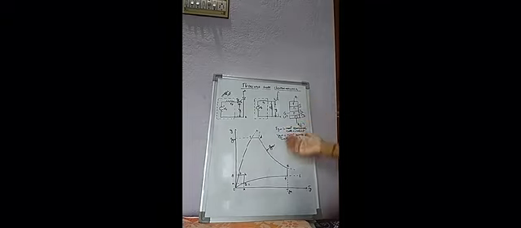This limit should not exceed this maximum voltage level and maximum current level. For what reason? To avoid permanent damage of junction J3. Because in between P and N there is only one junction, that is J3, which comes in between this P and N layer.